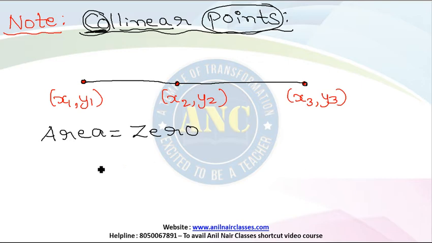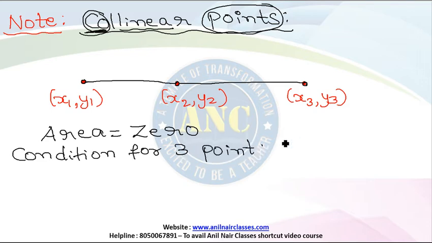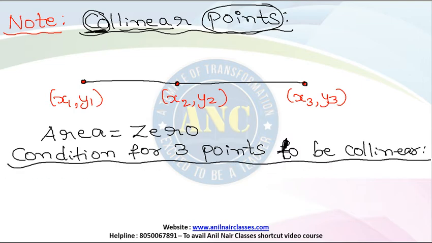That means, what is the condition for 3 points to be collinear? First of all, what is the area of a triangle? We just discussed it a couple of minutes before.